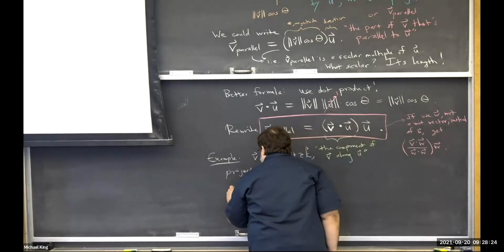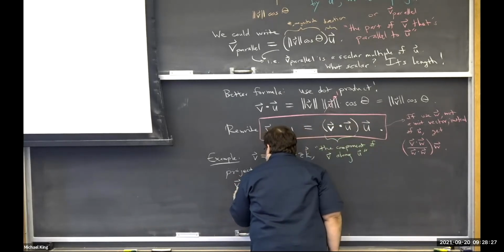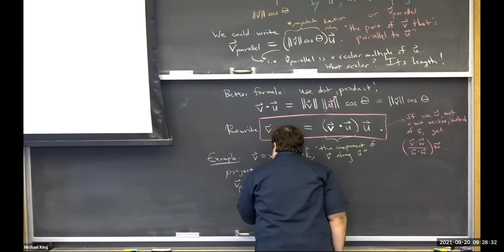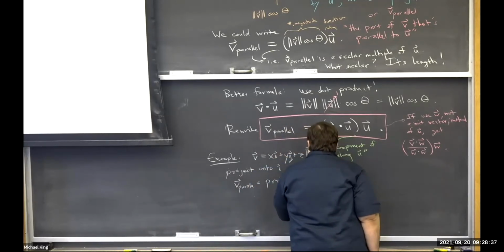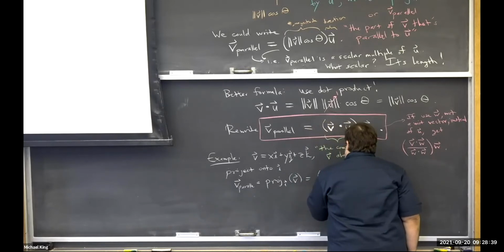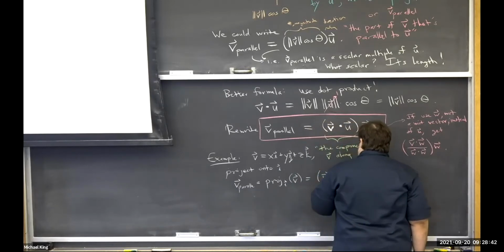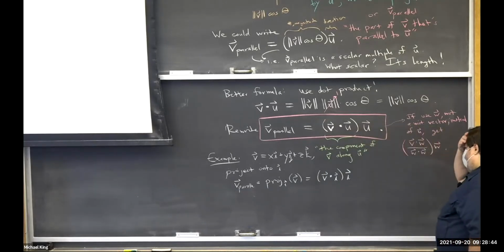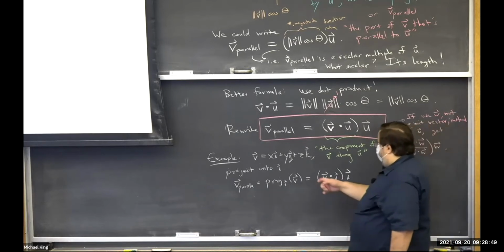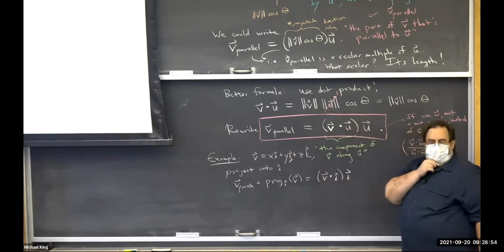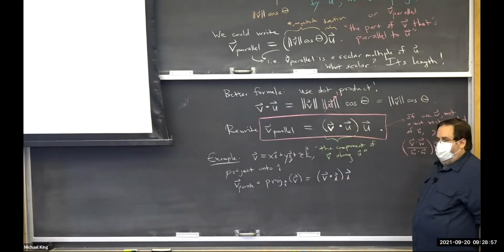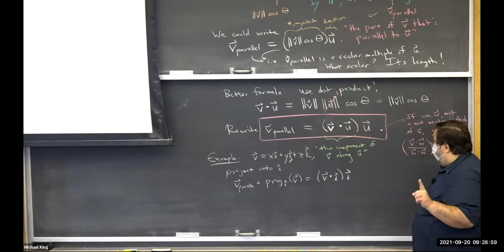The projection onto i of v is by definition v dot i times i. But what's v dot i? If I dot x comma y comma z with 1 comma 0 comma 0, what do you get? You get a number, not a vector.